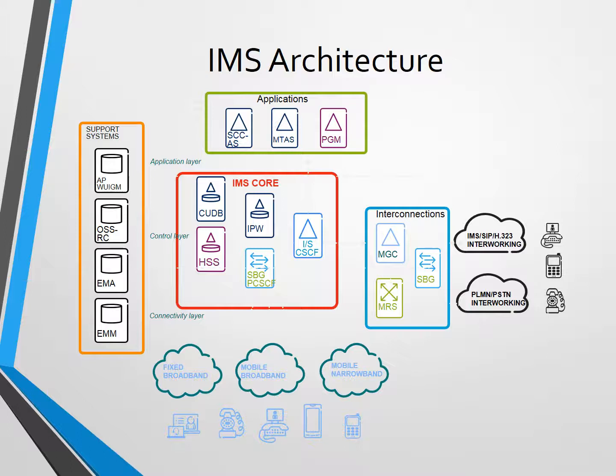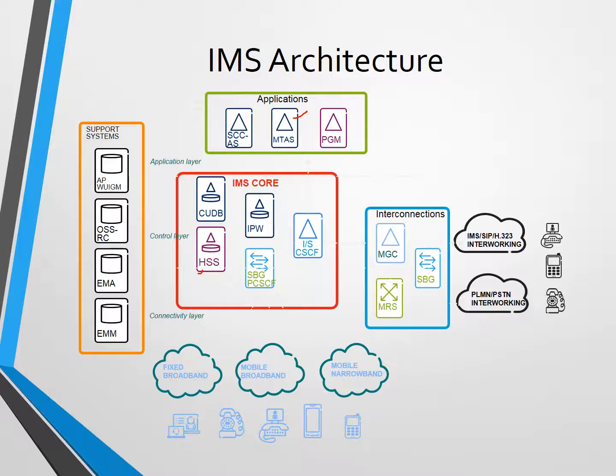So this is a very simple architecture of IMS as described earlier. We have some support systems, we have some application servers. MTAS is basically used for VoLTE. Then we have PGM and SCC application server. Then we have IMS core. In IMS core we have HSS, and we have SBG, session border gateway.